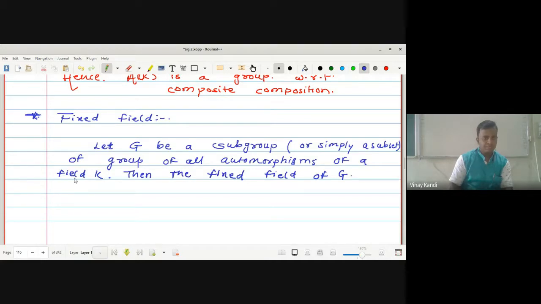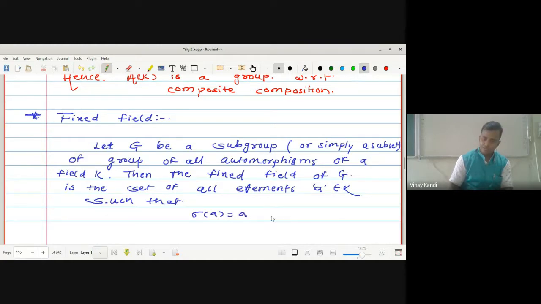What is the fixed field? The fixed field of G is the set of all elements a belongs to capital K such that sigma of a is equal to a for all sigma belongs to G. Okay.